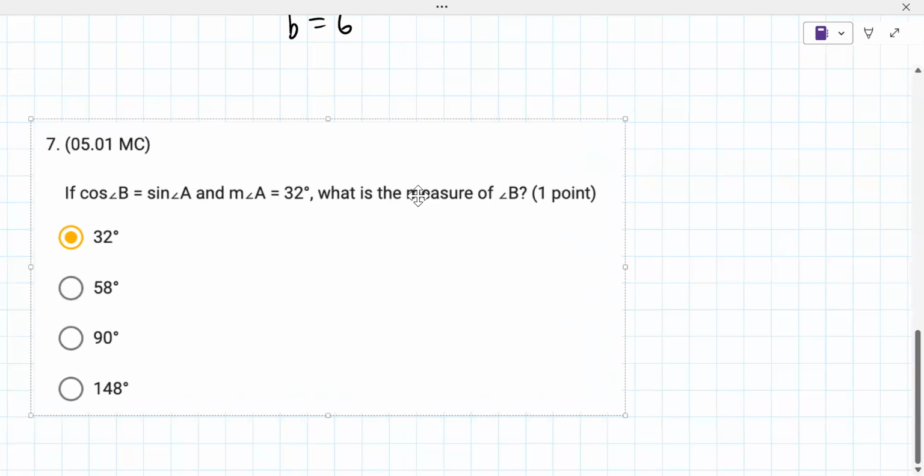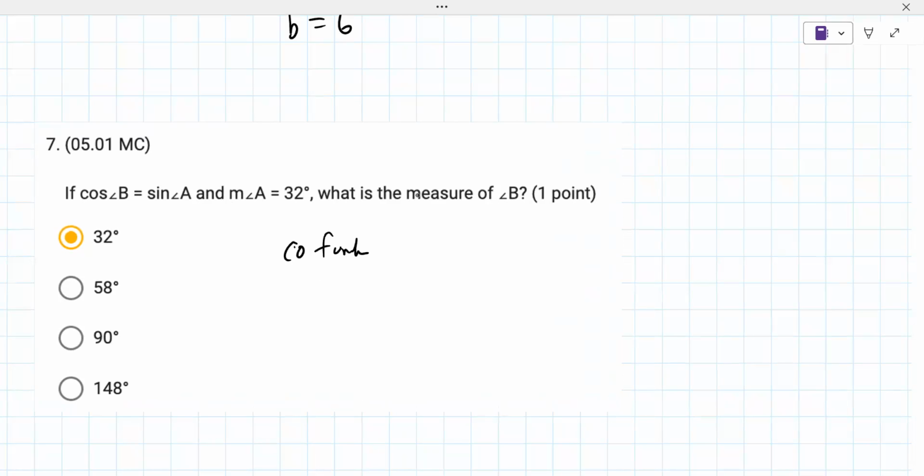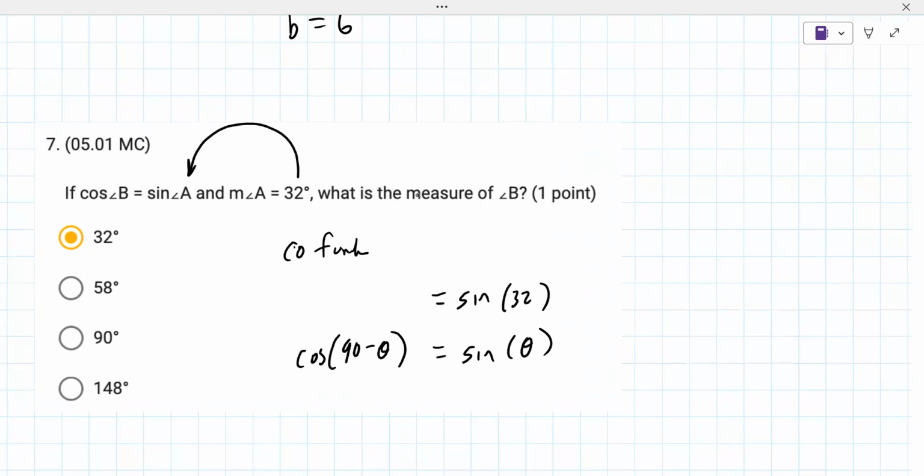Okay, so this is that cofunction that I was telling you about. If sine is 32, and we'll call this theta, then cosine is 90 minus theta. So it's cosine of 90 minus 32.